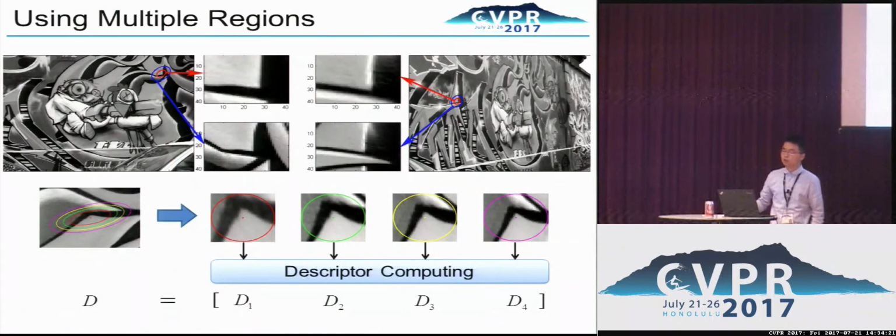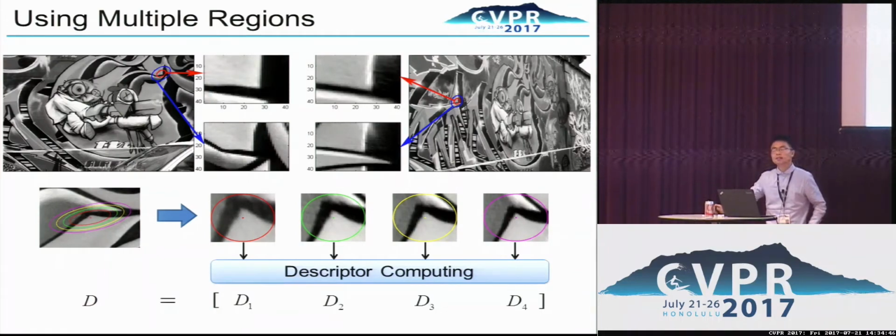To further improve the distinctness of the generated descriptor, a strategy of using multiple support regions has been proposed, along with MIOP and MROGH. The basic idea is very simple. We know that for two non-corresponding key points, it is possible for them to have similar local patches.